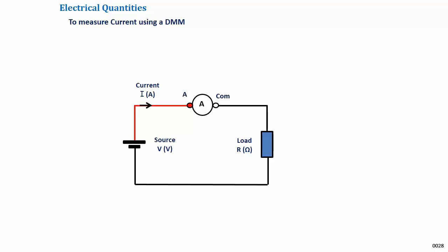The probes can then be connected to the circuit as shown. In this case, the supply is 15 volts and the load has a resistance of 30 ohms. So the DMM should read 15 divided by 30, which equals 0.5 amperes, or 500 milliamperes.